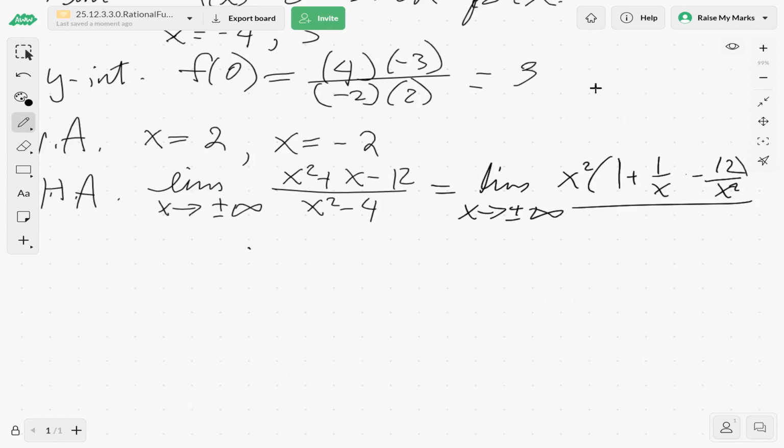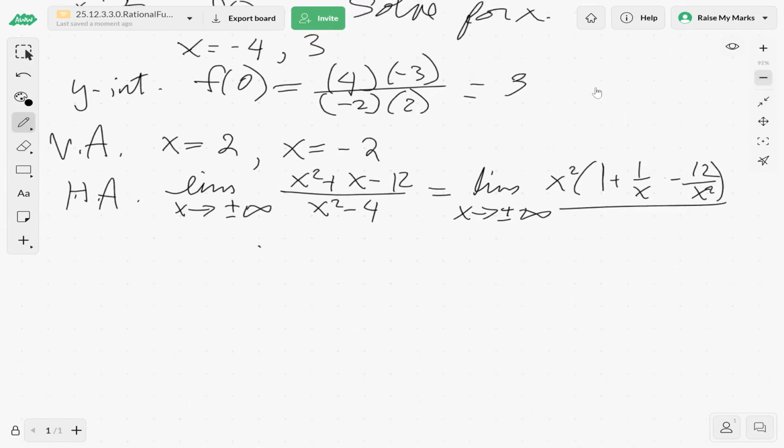Running out of space, so let's make this a bit smaller so we can fit it all in. Similarly, in the denominator, we factor out the x squared. We're left with x squared times 1 minus 4 over x squared.